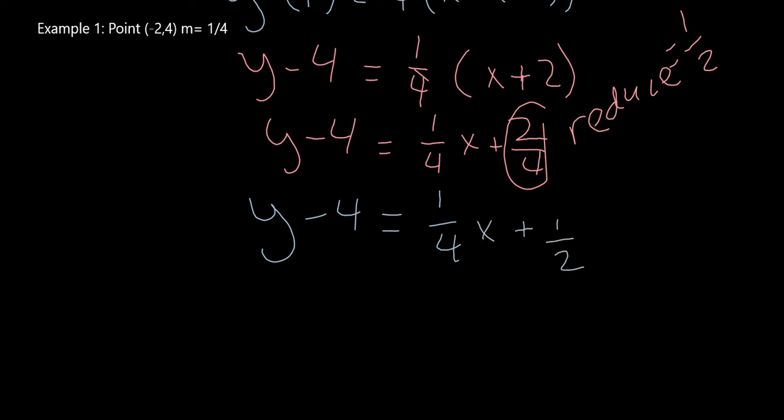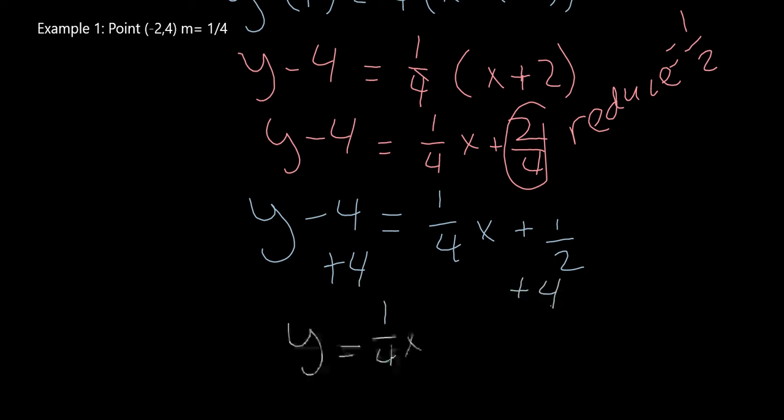Now I need to get y by itself so that this is in slope-intercept form. We add 4 there and we add 4 here. So now we get y equals 1/4 x, and then we have 4 plus 1/2.